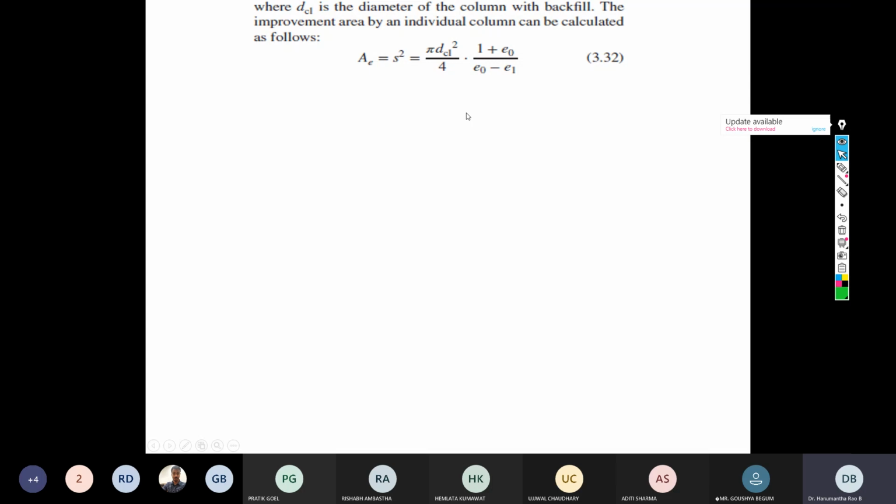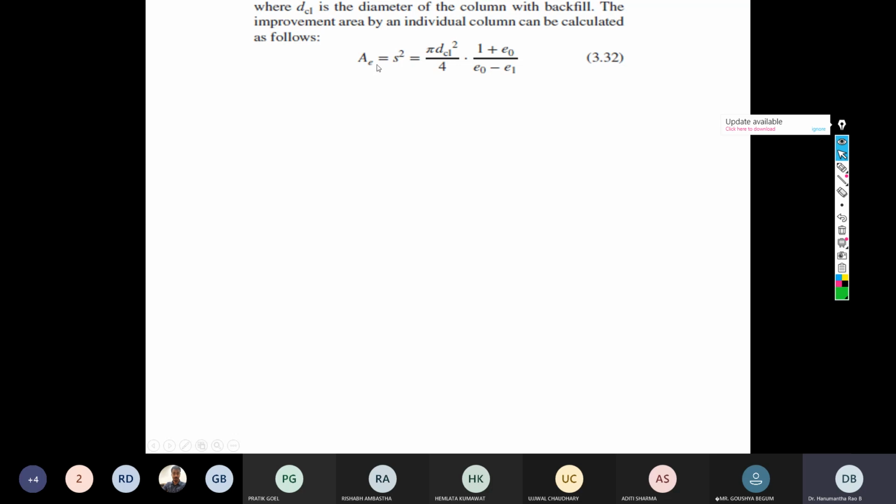But we did discuss during the design that the equivalent area, that is the zone of influence area, is also related to the pattern type that you are adopting. For example, you may adopt a triangular pattern or a rectangular pattern. Accordingly, the influence area or the equivalent area can be related to the spacing.